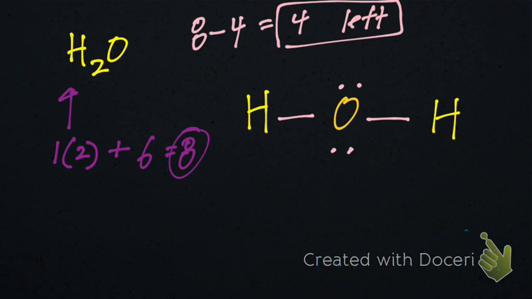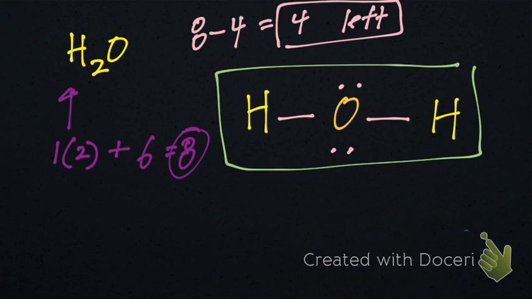Now, as of right now, this is what you know water to be. But this is not going to be the final case. You're going to find very soon, like maybe tomorrow, that water should look more like this.